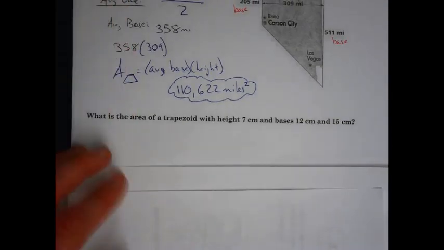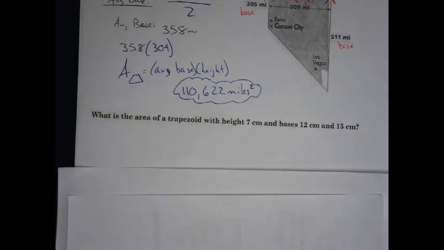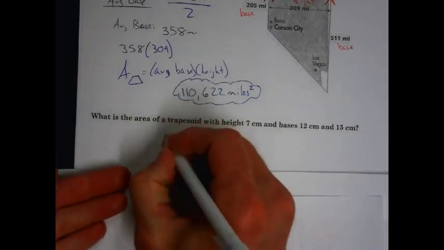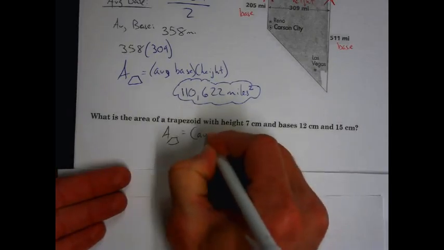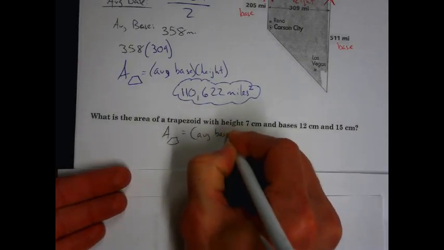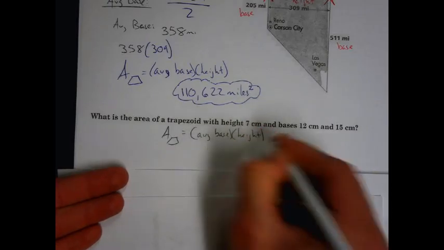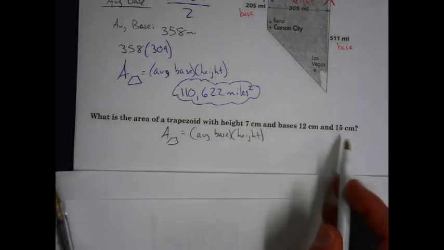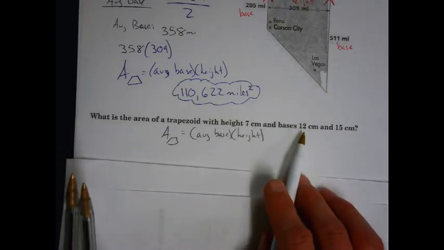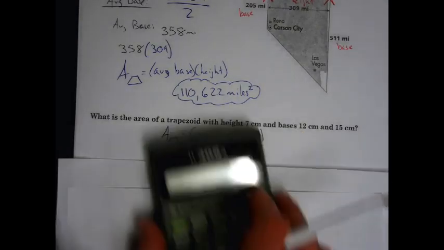What is the area of a trapezoid with height 7 centimeters and bases 12 and 15 centimeters? Remember what we're looking for: the area of the trapezoid is equal to the average base times the height. I'm going to find the average base between 12 and 15. It's going to be 13.5, but we'll find out the hard way.